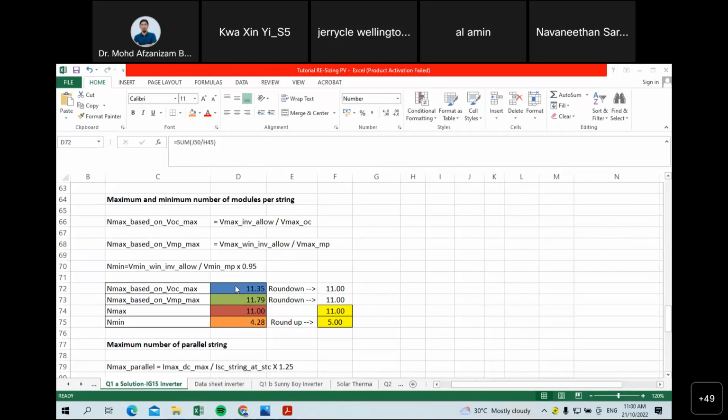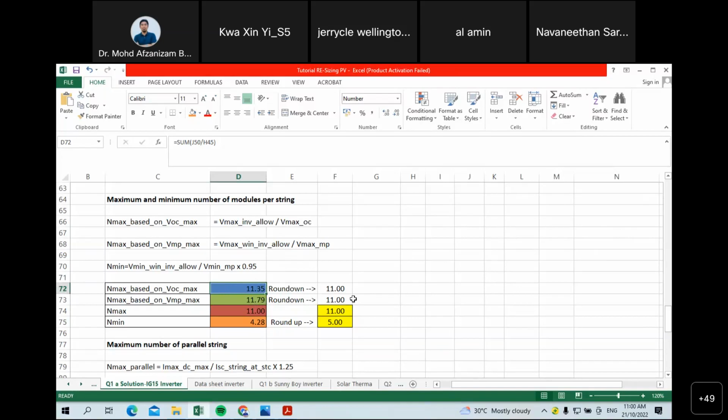And then assuming the same answer means that it is the correct answer. And then what we need to do, since the number of PV is 11.35 and there is no 0.35 module, is that we round down. So 11.35 we round down to become 11.